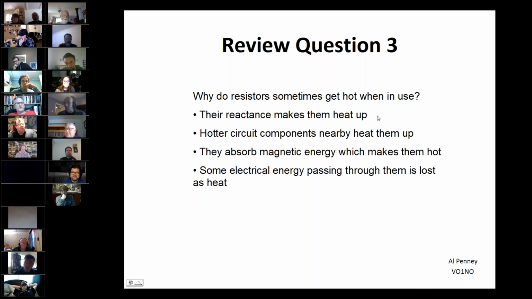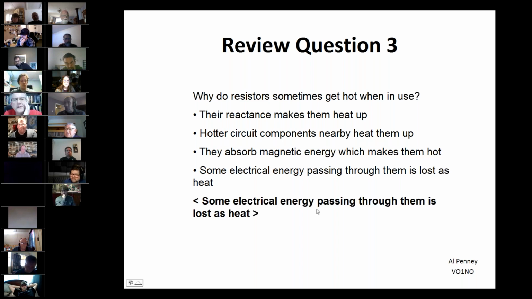Why do resistors sometimes get hot when in use? People are getting it now. Because some electrical energy passing through is lost as heat. Anytime something gets hot in a circuit, that's energy that is being lost. Whoops.